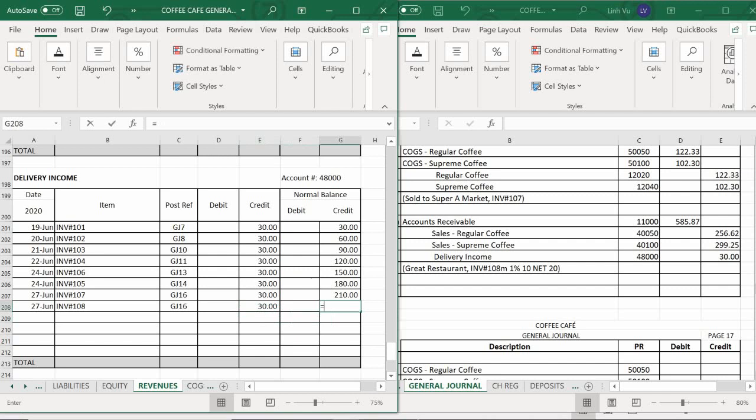So therefore, my running balance here is now $240. Okay.